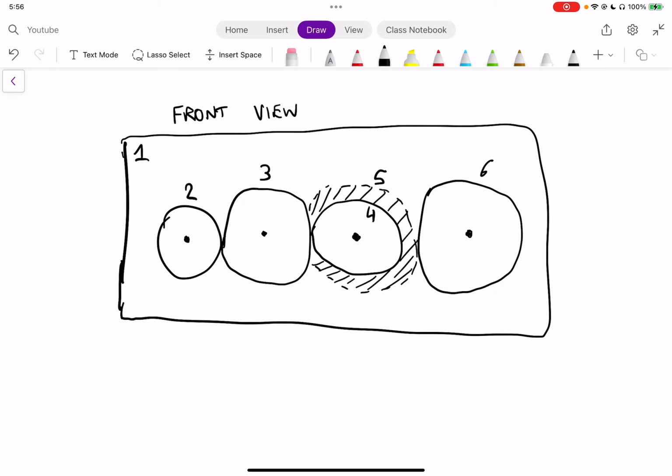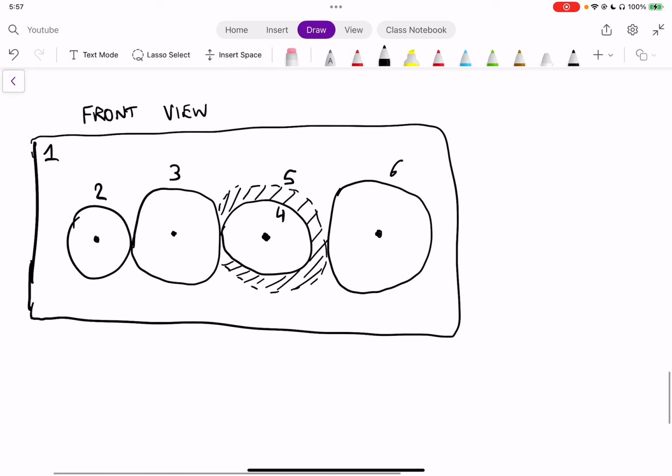Okay, now if we wanted to draw this from the side view or from the top view, we now have to see what's happening from the top view. So from the top, what we're actually seeing is something like this. So we have gear number 2 with an axle in the middle. That axle is held by whatever way it is, but it's held by something somewhere.